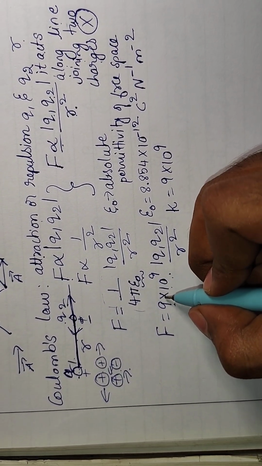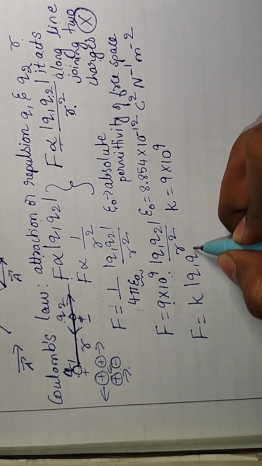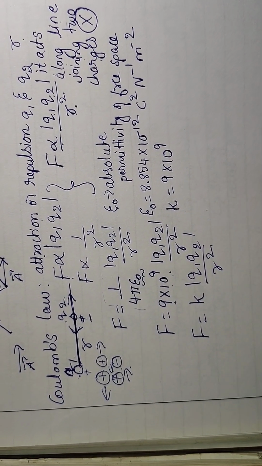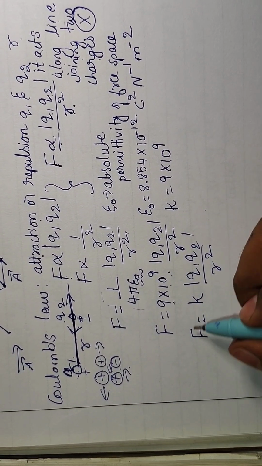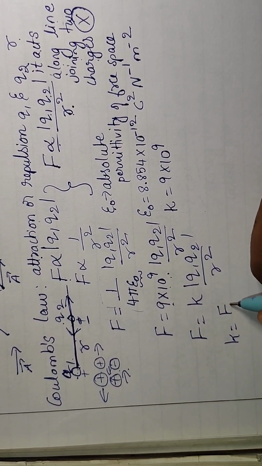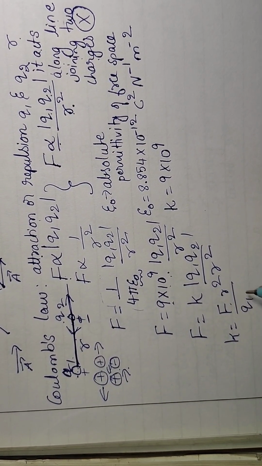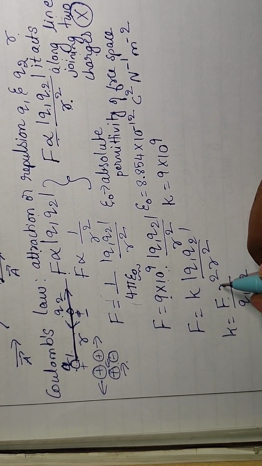Now look here. If I write this equation as F is equal to k into q1 q2 by r square, retain the k on the right hand side and transfer everything to the left hand side. What happens then? k is equal to F r square by q1 into q2. Now write the units.